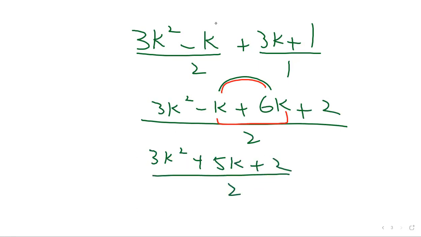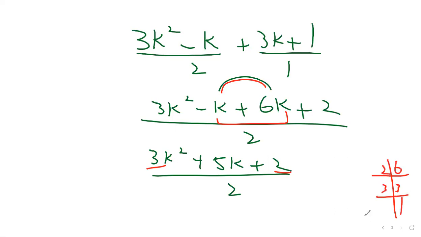Now apply the quadratic formula. You can apply the quadratic formula, or you can do the common factor method. 3 2s are 6. It means that when we make the factors, it will become 3 plus 2 or 2 plus 3.